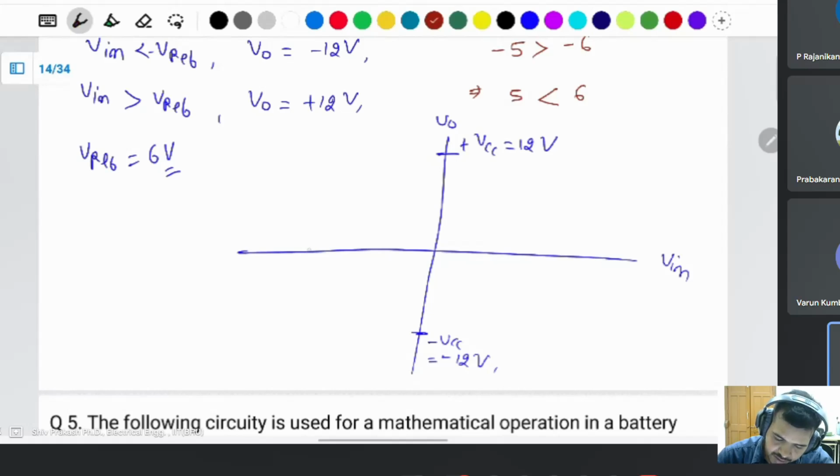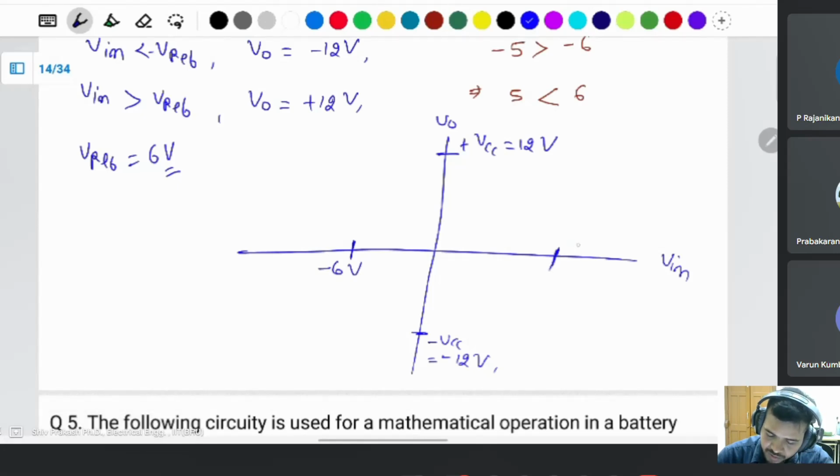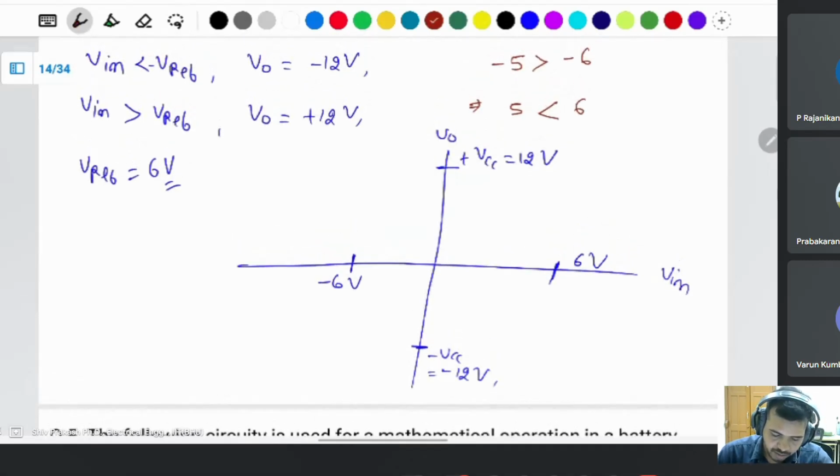The reference is set from minus 6 volt to plus 6 volt. If V in is below the minus V reference, then output voltage is minus 12 volt. It means this will be like that.